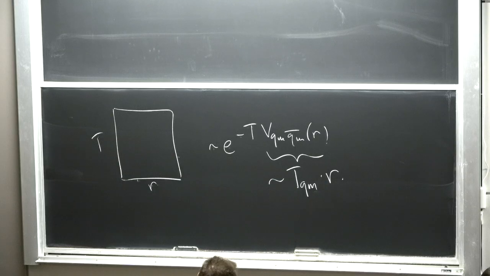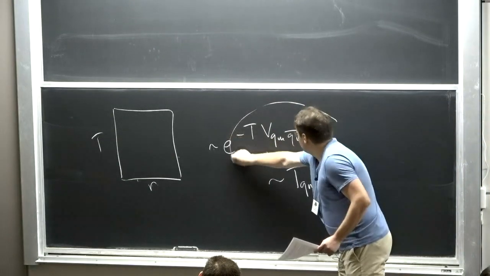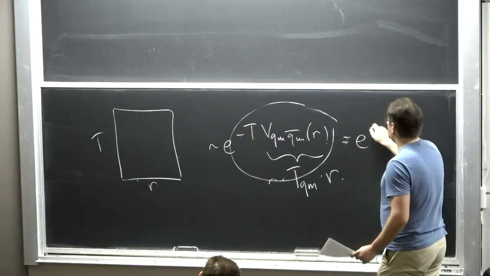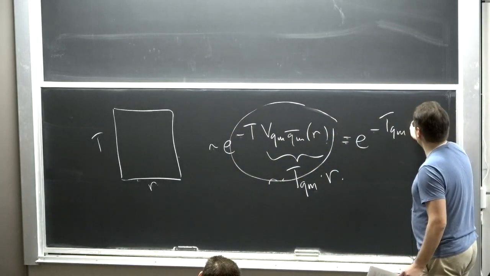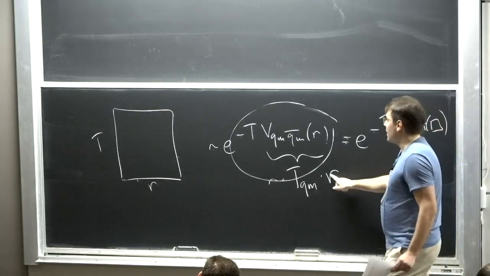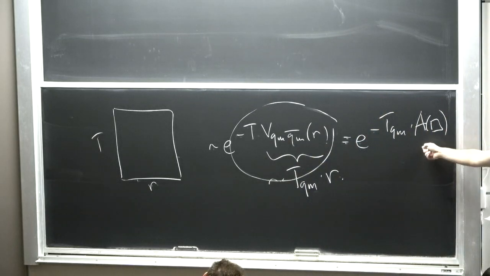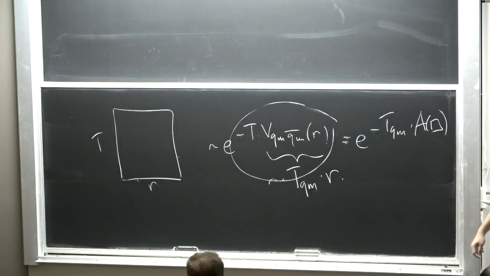And another famous reinterpretation of this formula is that you can write it as e to the minus the tension of the string times the area of this square loop, which is just r times t. And so this is the famous area law, the confining area law coming from finite tension strings.